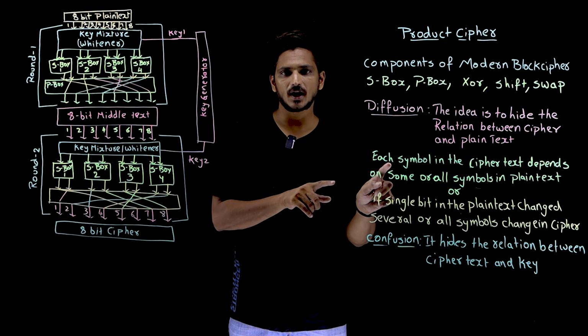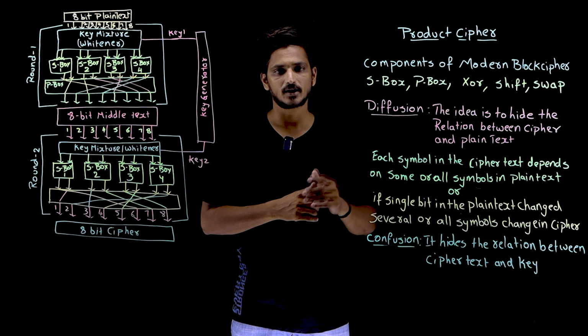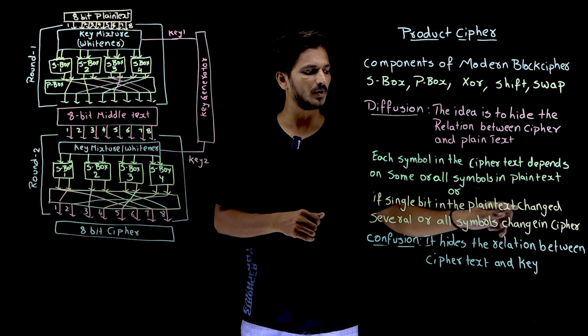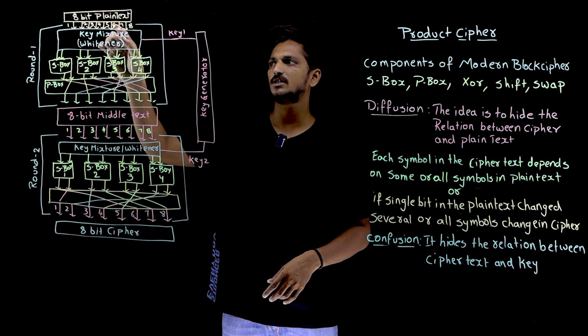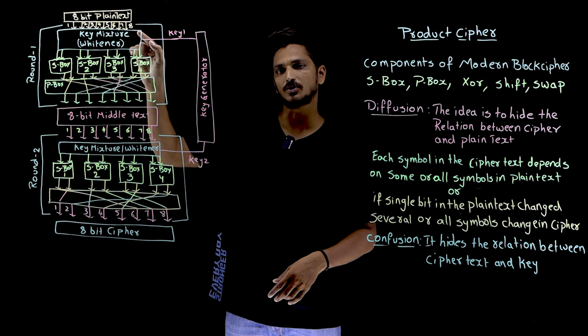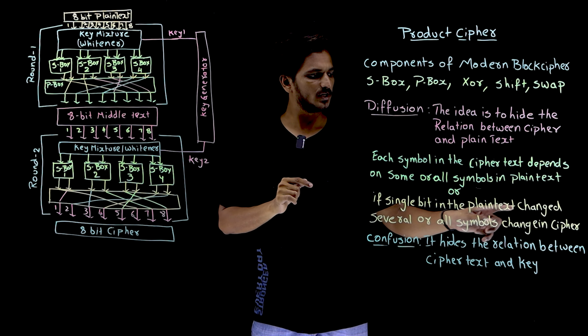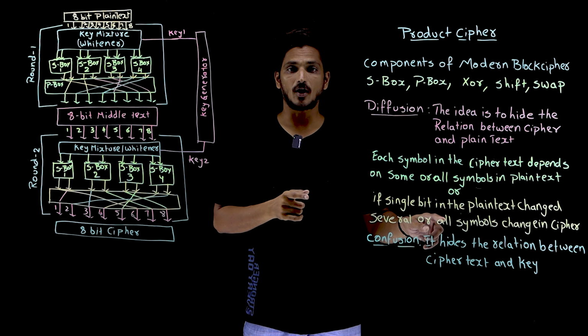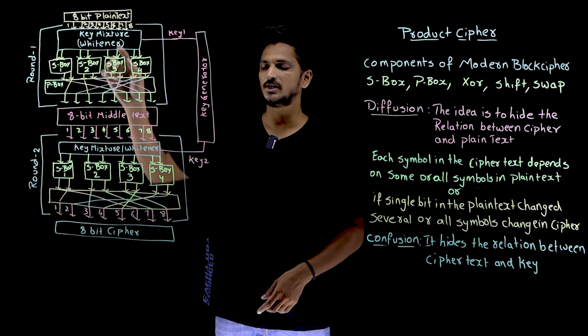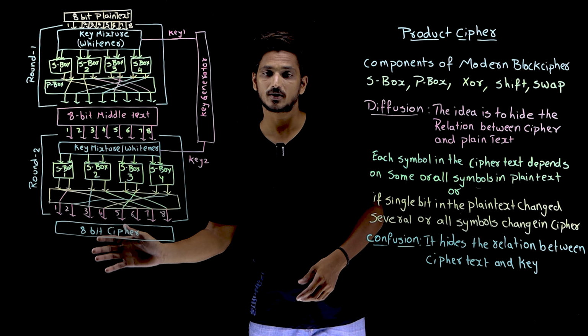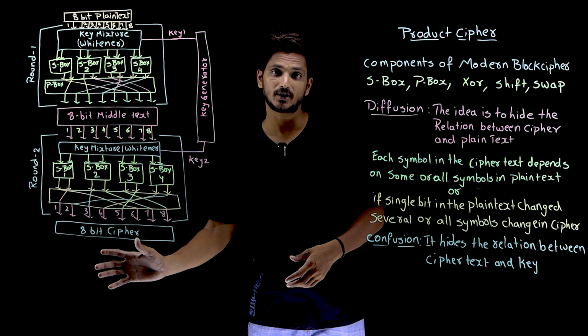Think of the same thing in the other direction. If a single bit in the plain text changes, suppose the sixth bit in the plain text changes from 1 to 0, then several or all symbols in the cipher text have to change. If one bit changes here, several bits or all the bits in the cipher text have to change.